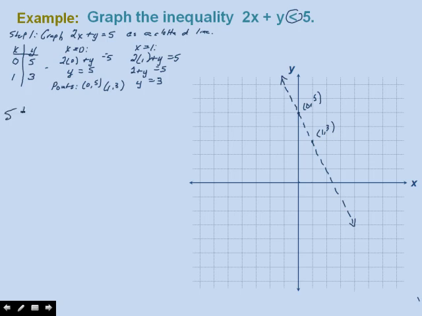Now for step 2, we're going to choose a test point. And again, the only requirement for a test point is that it's not on the boundary line. So here, since the origin is not on our boundary line, that would be a nice test point to choose.